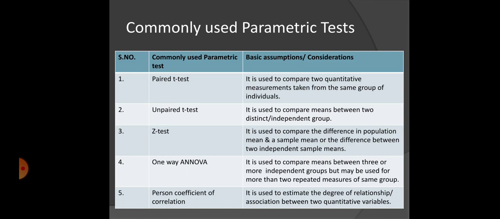We use repeated measures, for the same group or different groups, with the ANOVA. Pearson coefficient of correlation is used to find out the relationship or association between two or more independent or dependent variables.